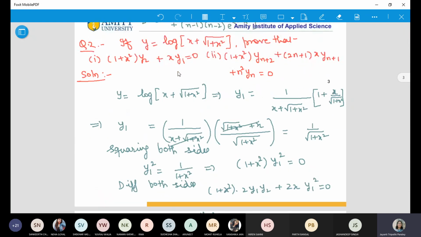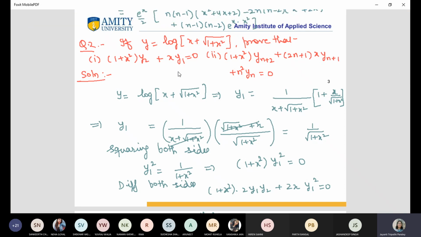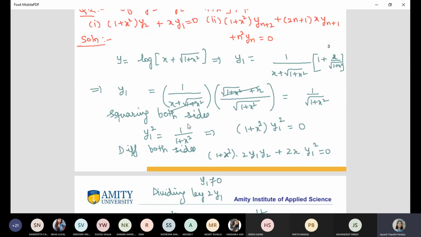Is it okay or not? First part is understood.